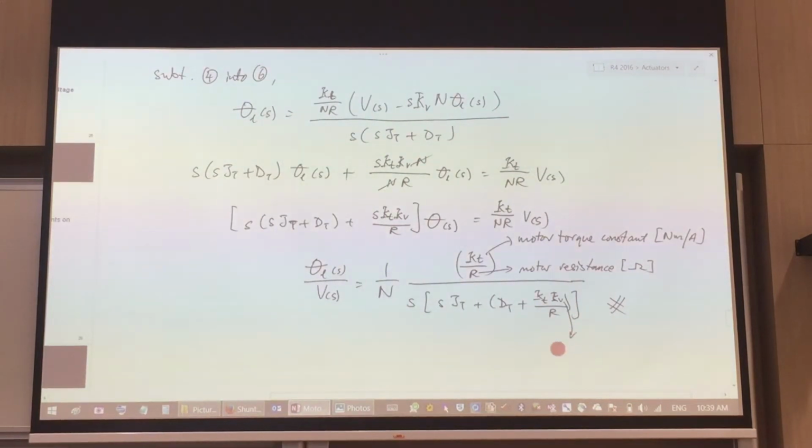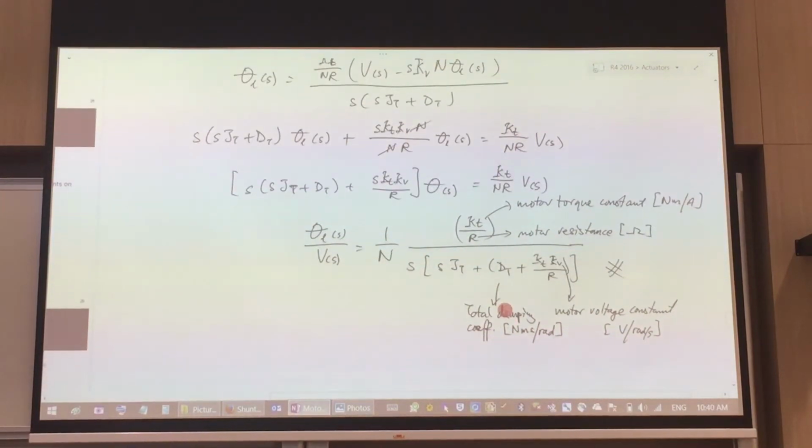This one over there is your motor voltage constant. It has the units of volts per radian per second. That thing there is the total damping that we've seen before, with units of newton meter seconds per radian.